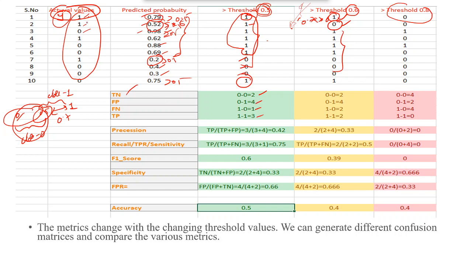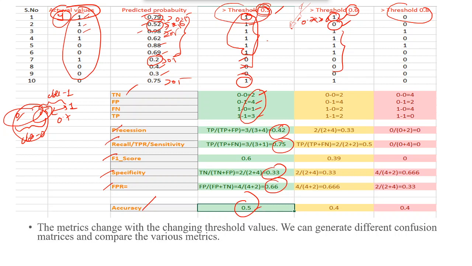If you compare these values with the threshold 0.5, this is what you get. Based on these values we calculate the precision, recall, F1 score, specificity, and false positive rate. And accuracy is 0.5 when the threshold value is 0.5.